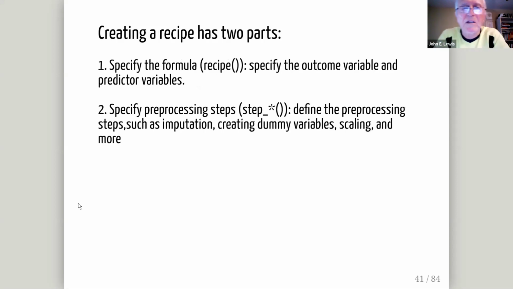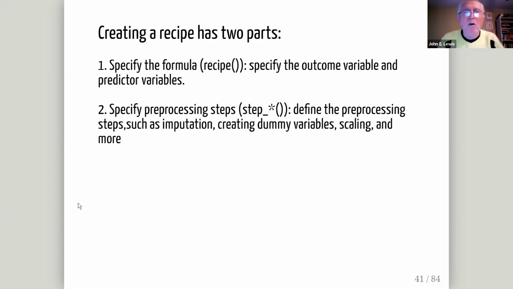So you can see, as I said, that the recipe is in 2 parts. We first specify the formula, just like we would do in a regression equation where we specify the response variable, and then on the other side of the expression, we specify the particular predictor variables that we're going to use.